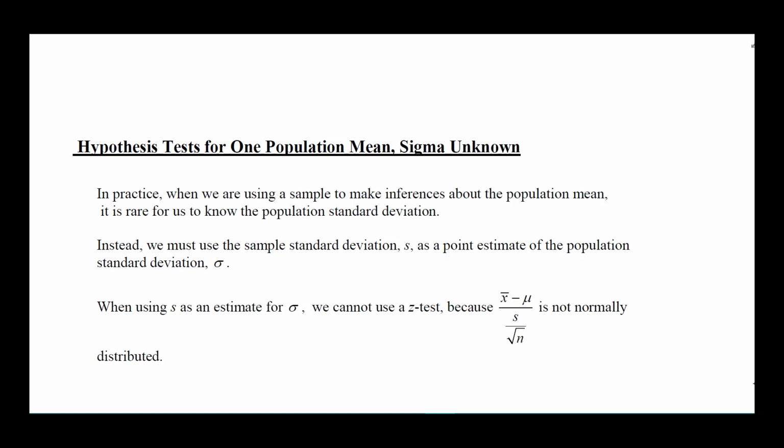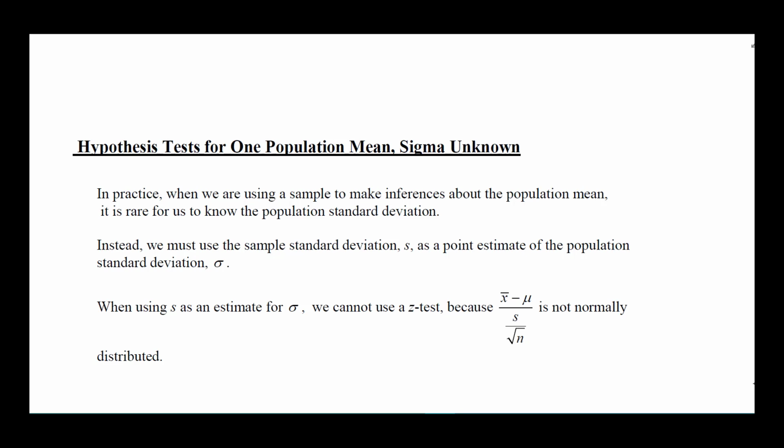However, when we do that, we end up with a little bit of a problem because this set of test statistics, the x bar minus the population mean divided by s over the square root of n, those will be normally distributed if you can put the population standard deviation in that denominator.